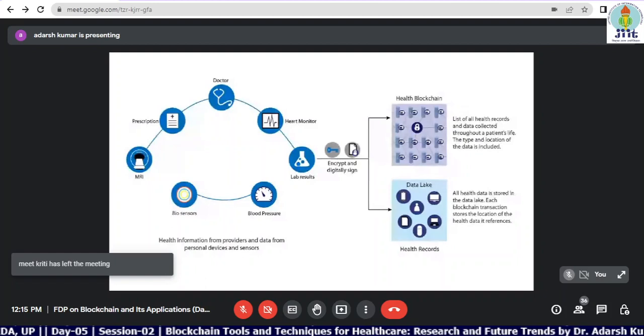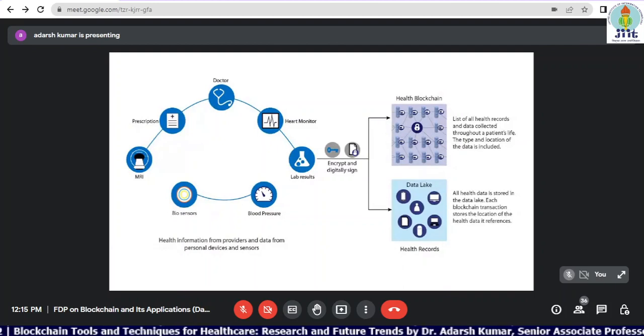Data of a patient might come from their MRI records, from the doctor prescriptions, from the doctor's general observations, from the health monitor system, and the lab tests. So these are the ways through which data is coming. Apart from this, sensors, blood pressure equipment, and a smartwatch could be attached to the patient, not permanently but for temporary reasons, and we can keep on collecting the data.